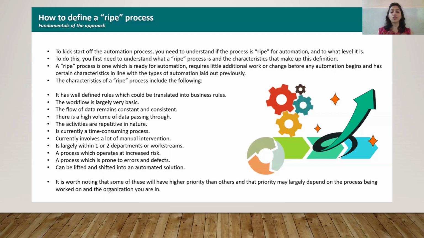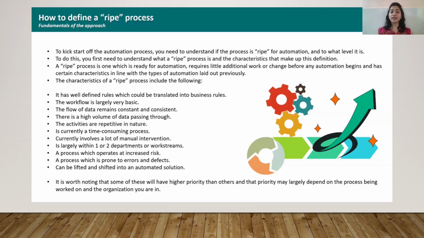Flow of the data remains constant and consistent. There is a high volume of data passing through. Activities are repetitive in nature. The process is currently time consuming and involves a lot of manual intervention, largely within one to two departments or work streams. A process which operates at increased risk, or is prone to errors and defects, can be lifted and shifted into an automation solution.